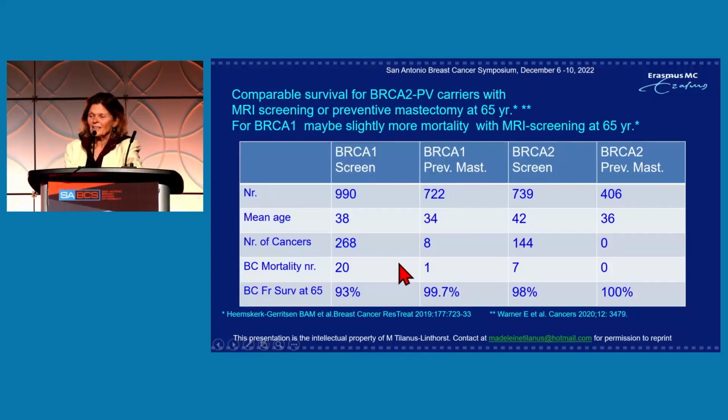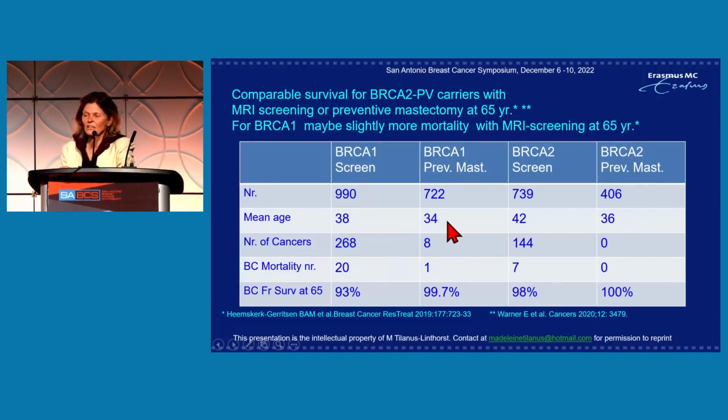Breast cancer mortality was not significantly different when we expected at 65 years for the BRCA2 mutation carriers, 2% difference, but not significantly different. There was a slightly larger difference expected for the BRCA1 mutation carriers at age 65, and that was significant.